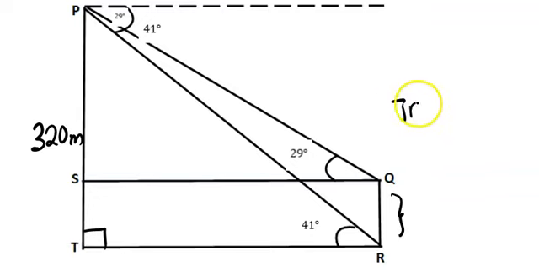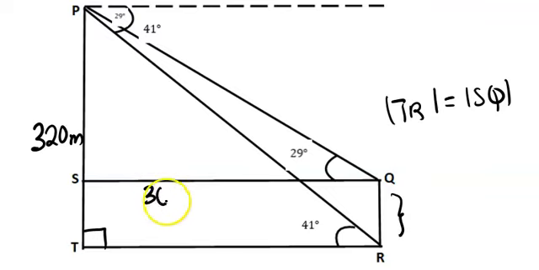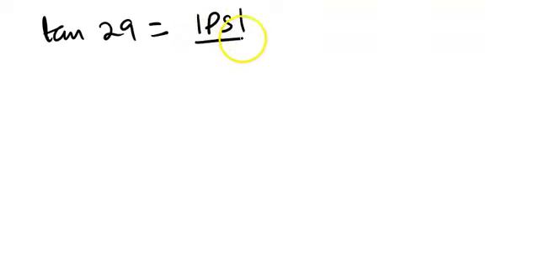Remember, TR is the same as SQ. So this one will also be 368.1179 meters. Okay, so using this triangle PSQ, we can find the side PS. So once again, tan 29 is equal to the opposite, which is PS. We don't know the opposite side, over adjacent.